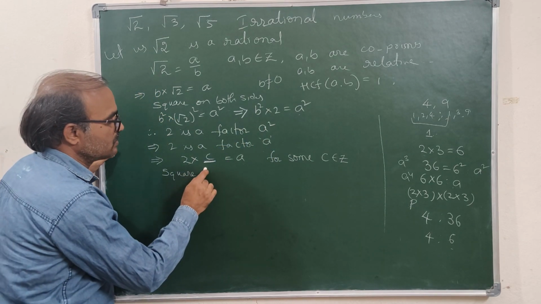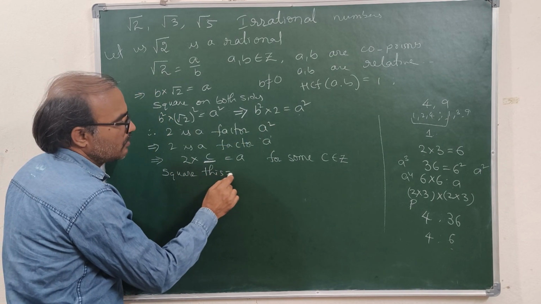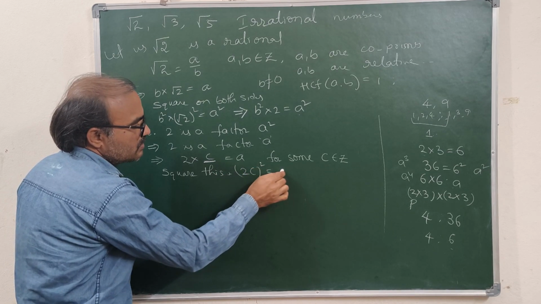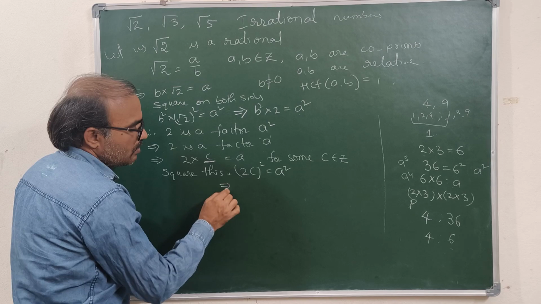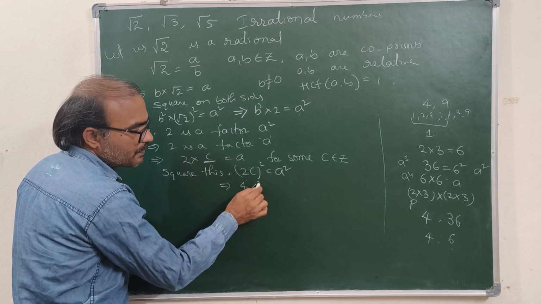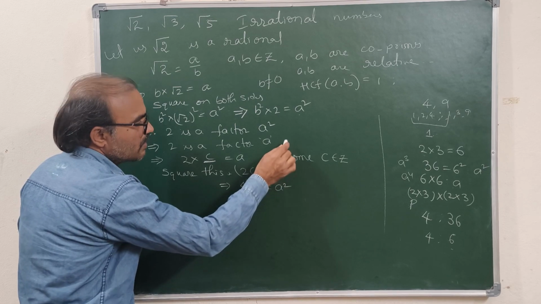What will you get? 2c whole square is equal to a square. Implies 2 square c square, that is 4c square, is equal to a square.